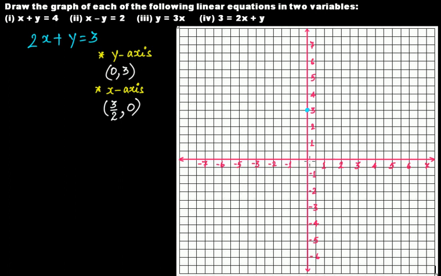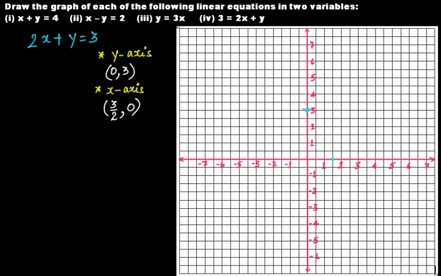So if 2 blocks means 1 unit, the middle line between 1 and 2 will be 3 by 2, because this is 1.5. So this is 3 by 2 comma 0. So your line will pass through these 2 points.